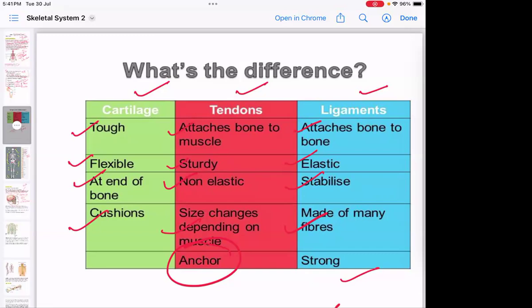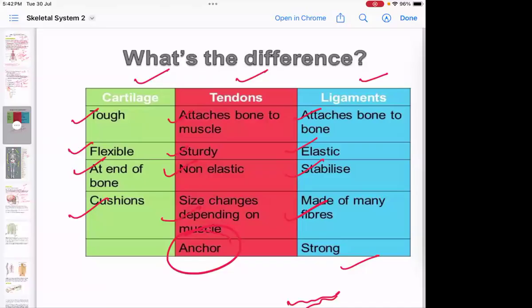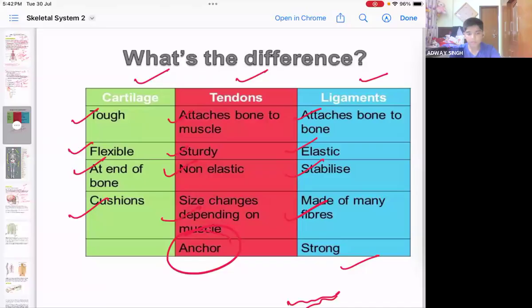The screen is not visible? No. What is happening today? Now it is visible? Yes.